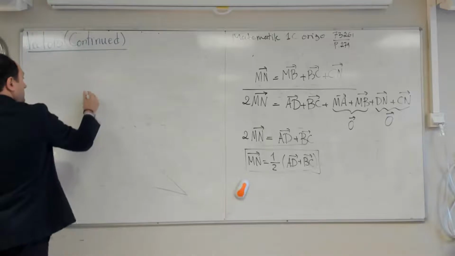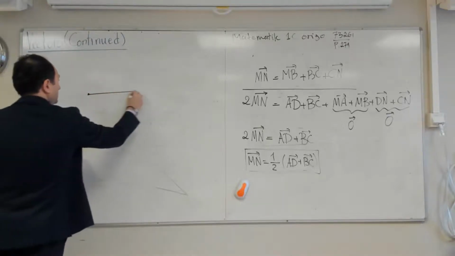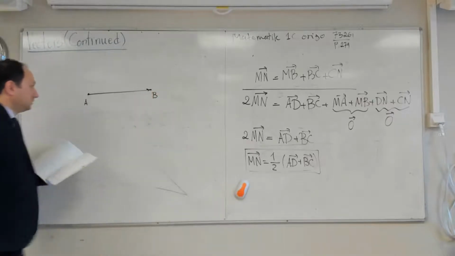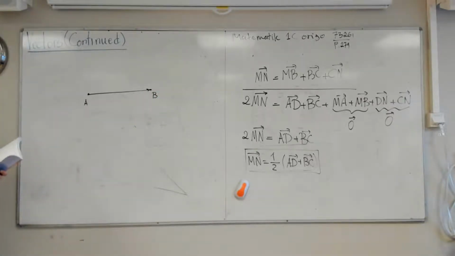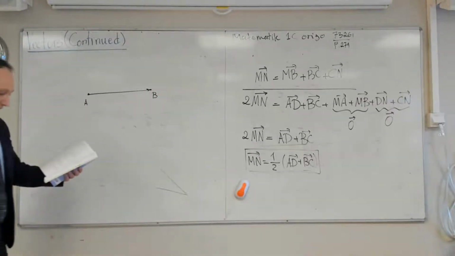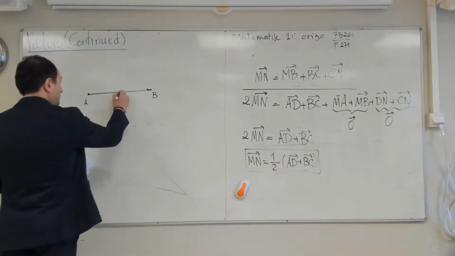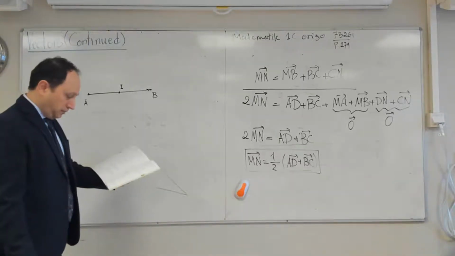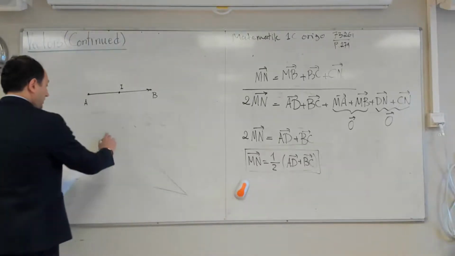So the problem is this, if I understand the Swedish. You have a vector AB, and you know that I is the middle point. M is any point.